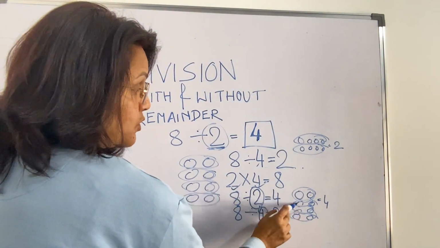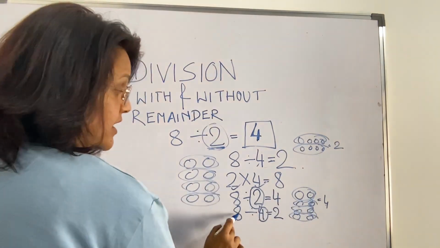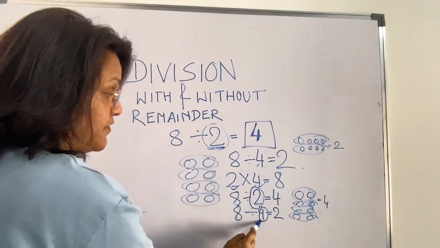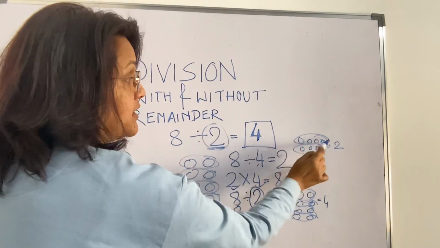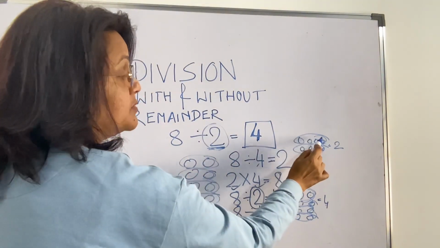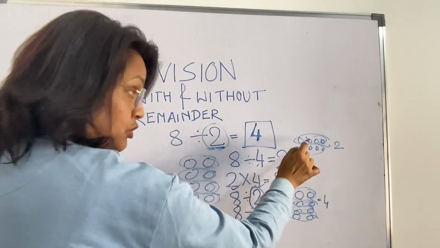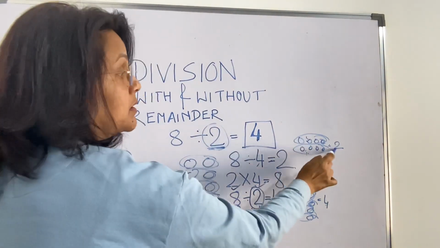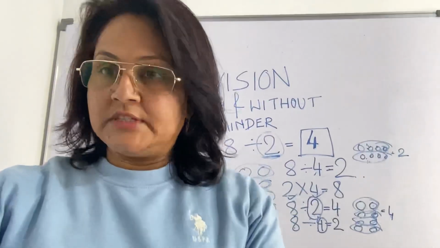When we are making groups of 2, it is making 4. But when we have divided 8 by 4 and we are making one row with 4 objects, the total number of groups or rows becomes 2, because this is called the group concept.